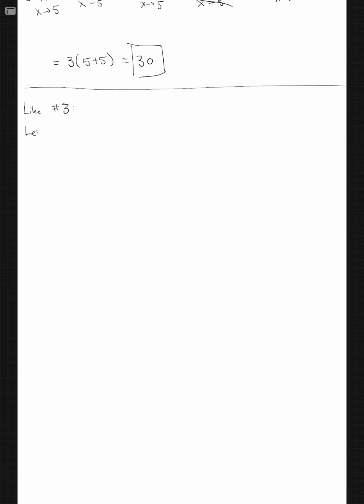It says let f of x equal the square root of 10 minus x, and says compute the derivative at 3, so f prime of 3, using the limit definition. All right, so we specifically want to do it that way again.